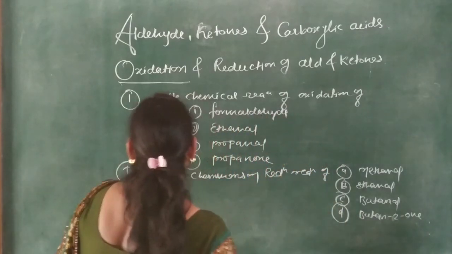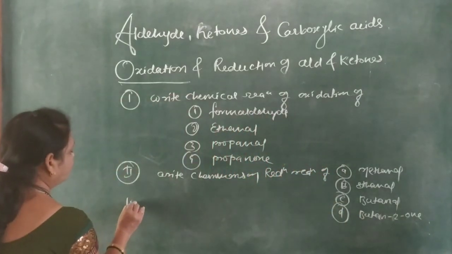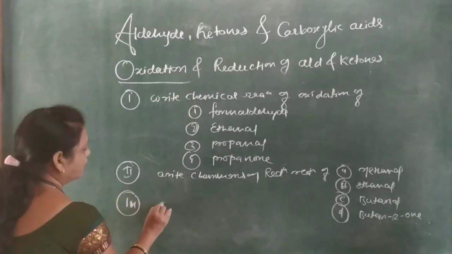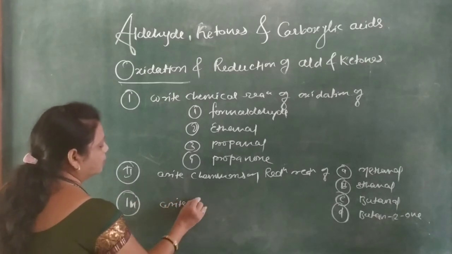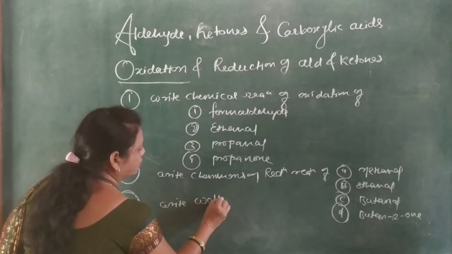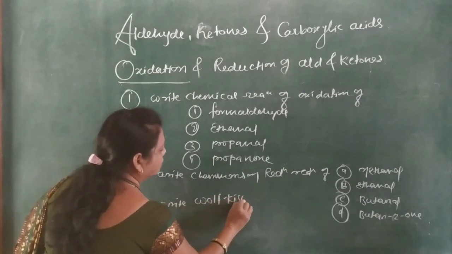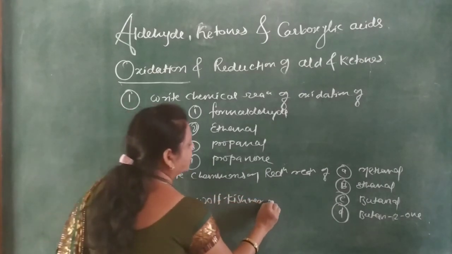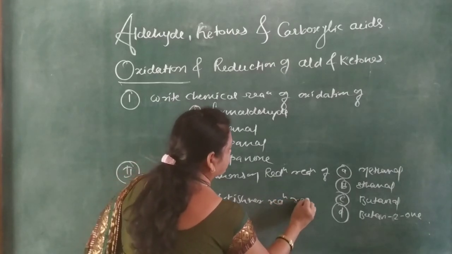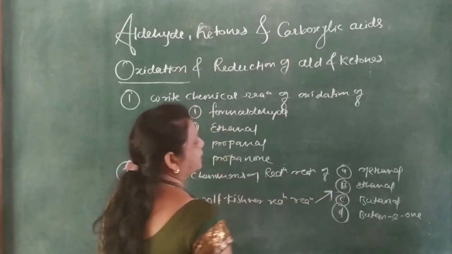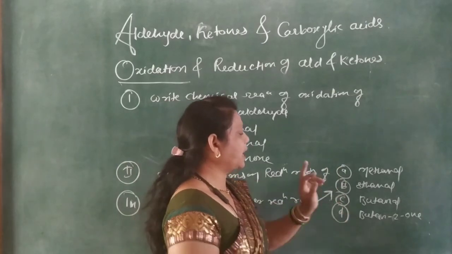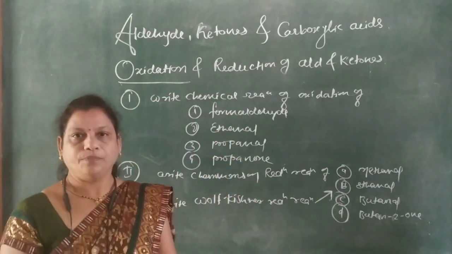And third, write Wolff-Kishner reduction reactions for again this methanol, ethanol, butanol and butane 2-one. Okay.